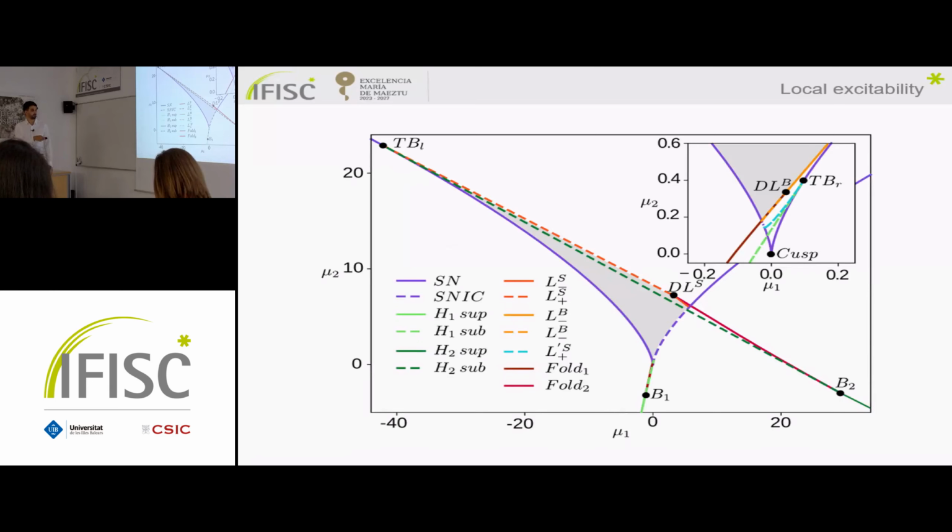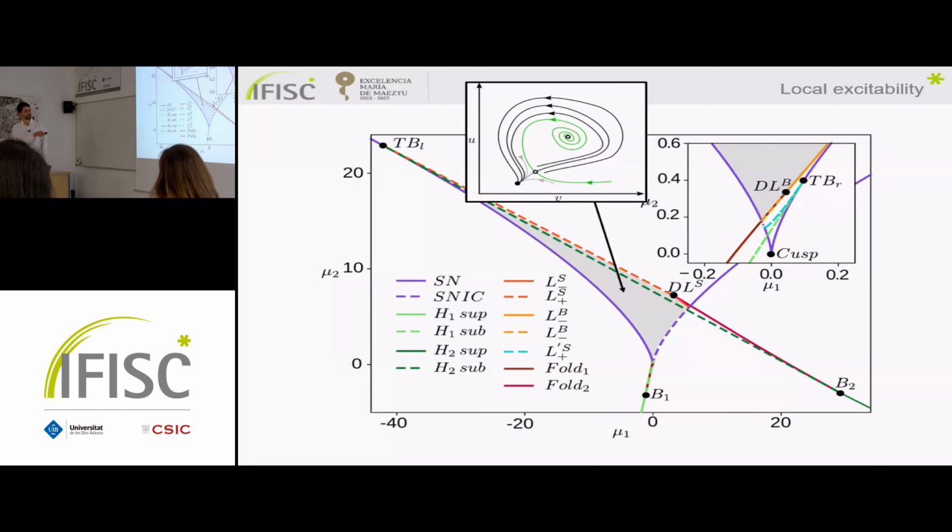Well, we studied it for some parameters, and we found this region where the excitable behavior is found. Here it is in gray. In this region here we find this kind of behavior, which is limited by the SNIC here, and also here by a saddle loop.